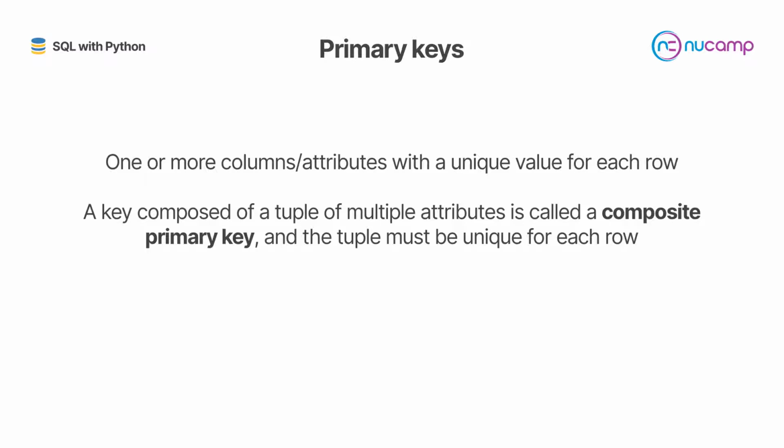The tuple of attributes that make up a composite primary key must be unique for each row. That means that even if some of the attributes that make up the primary key are not unique on their own, the entire combination of attributes must be unique. A primary key must also be non-nullable.